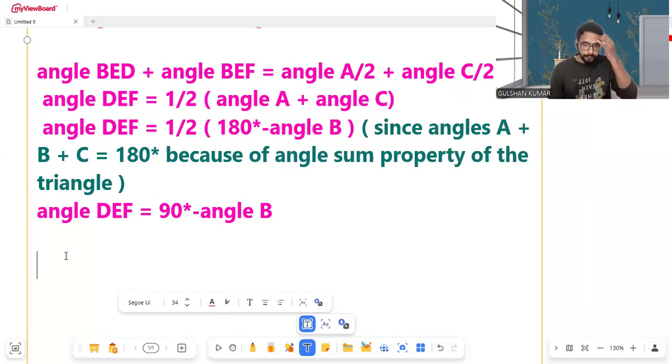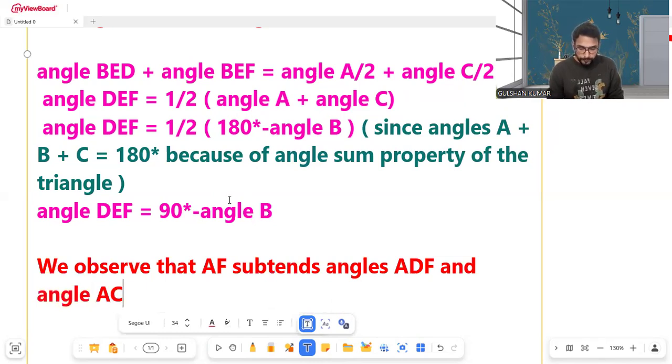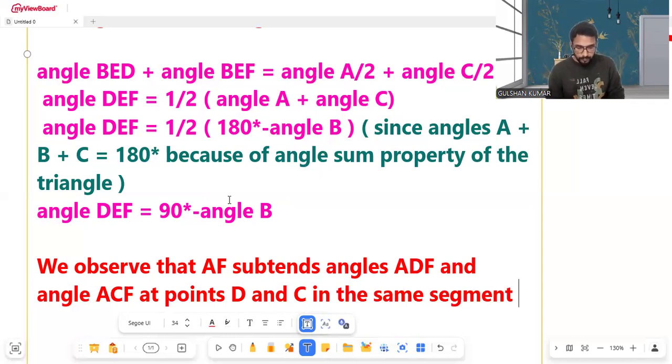So we observe that AF subtends angles ADF and angle ACF at points D and C. So in the same segment.